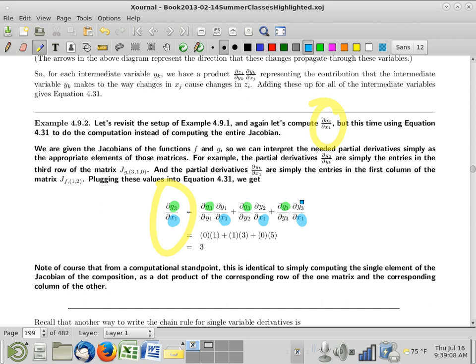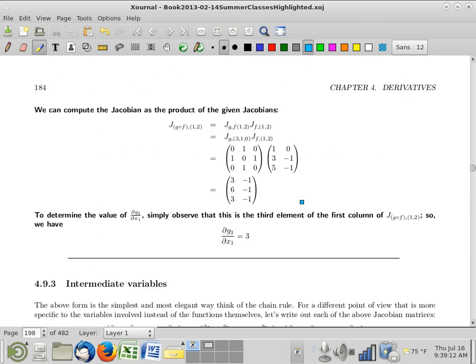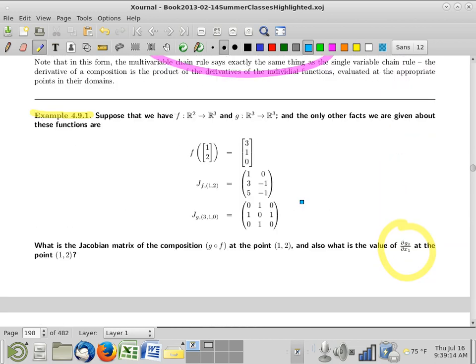And what are the intermediate variables between X1 and G3? Well, between that input variable and that output variable, there are 3 intermediate variables, which we decided to call Y1, Y2, and Y3.